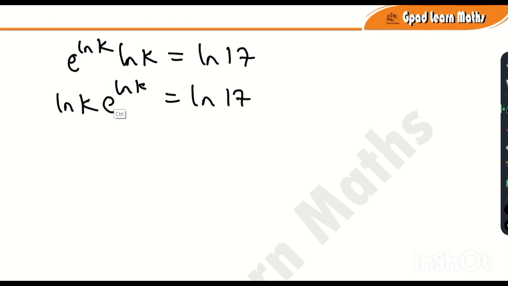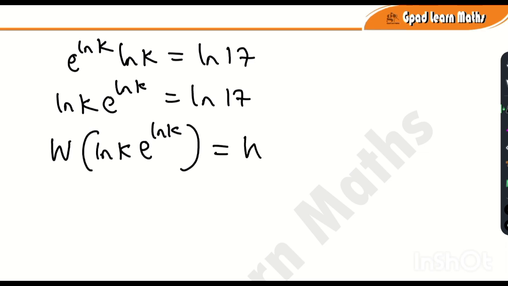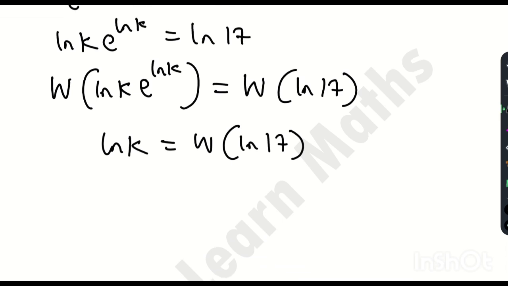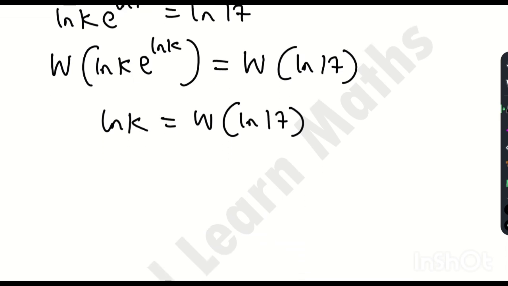So we'll now bring in the Lambert W function. W of ln k e raised to the power ln k is equal to the W function again of ln 17. Beautiful. Now, the Lambert W function applied to this will basically be ln k. And this is equal to the Lambert W function of ln 17. But since we need to get the value of k and not ln k, we are going to take e to both sides.